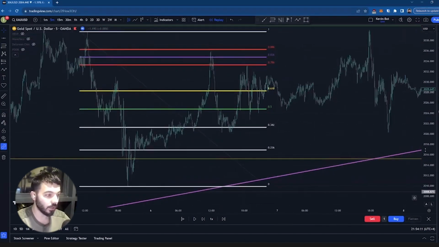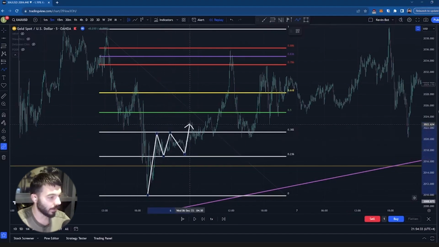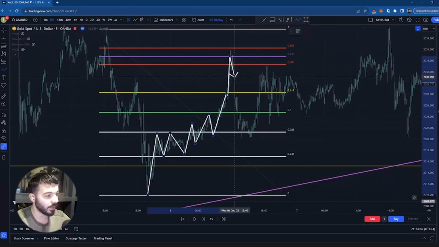It's also going to give you control over your emotions, because one thing that you will observe between each of these points, 236, 382, 0.5, is there's often a back and forth, right? Notice, as soon as it came close to this 382, there was a pullback. Again, pullback. Broke above, and then it came down. It came close to 0.5, pullback. You see 618, some minor negligible pullback. Probably some news or something happened here and it shot up.